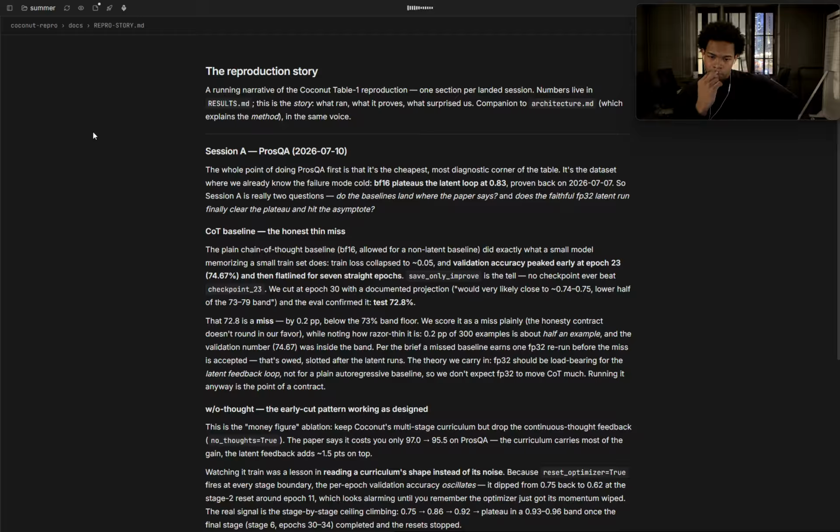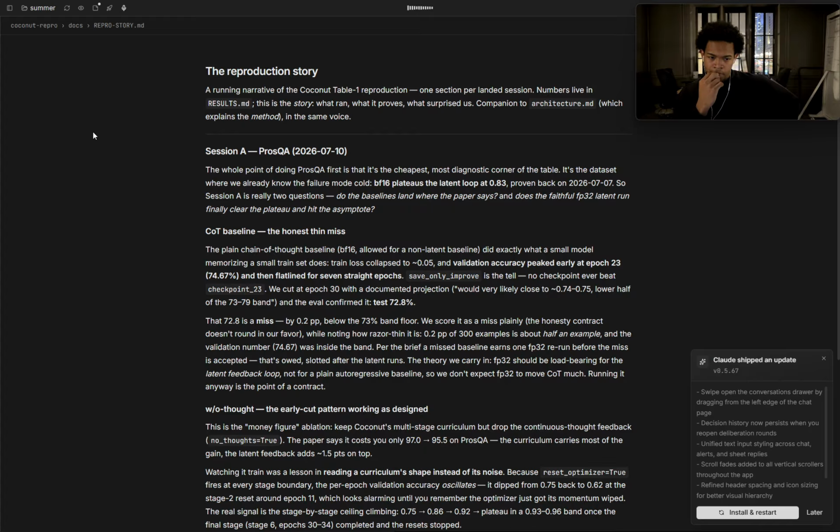Test 72.8%. That 72.8 is a miss by 0.2 percentage points below the 73% band floor. We score it as a miss plainly, since the honesty contract does not round in our favor, while noting how razor thin it is. 0.2 percentage points of 300 examples is about half an example, and the validation number of 74.67 was inside the band.